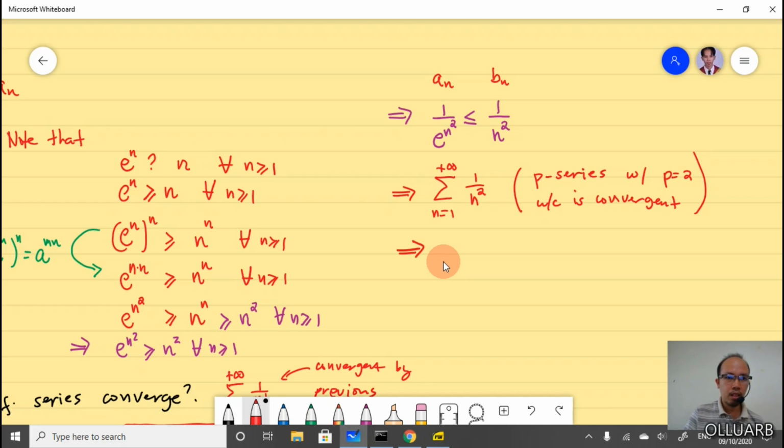So this implies that the summation of 1 over e to the negative n squared, where n starts from 0 to positive infinity, is less than or equal to the summation of 1 over n squared, where n starts from 1 to positive infinity.